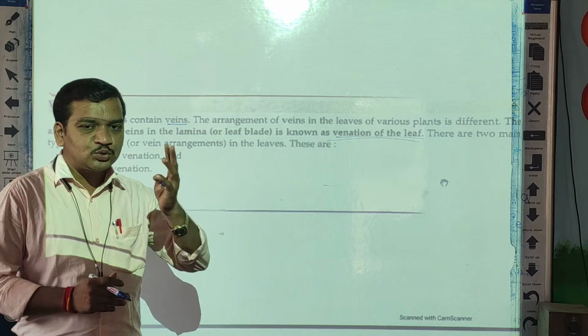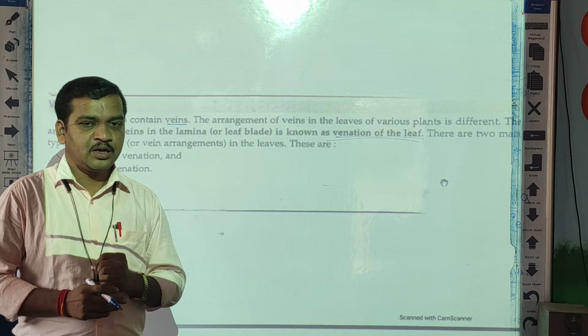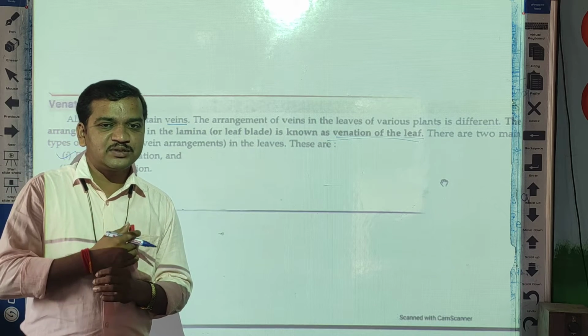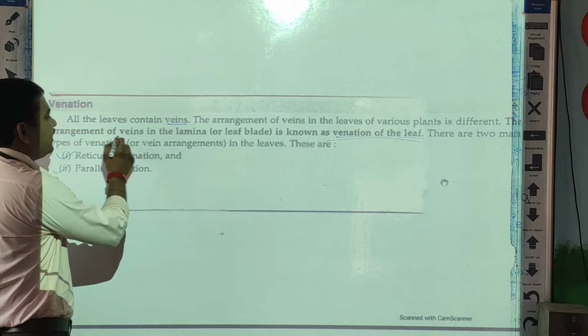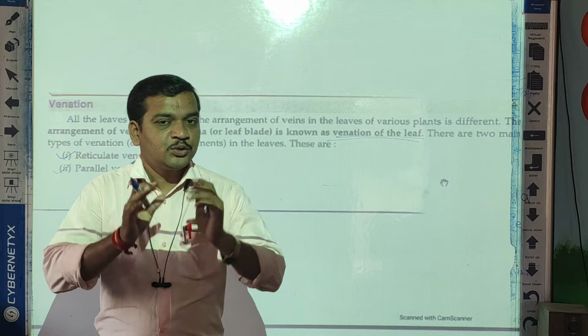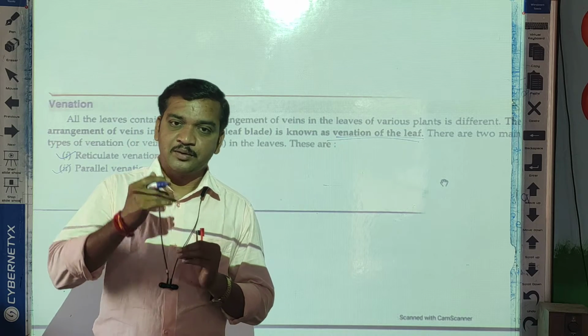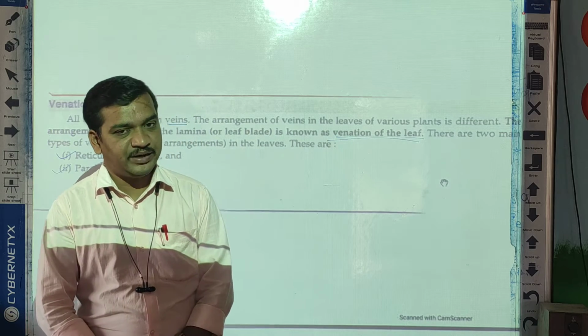So these are the two types of leaf venation. And which criteria have we used here? We use the criteria of arrangement of veins in the lamina. So we will see now what is reticulate venation and what is meant by parallel venation.